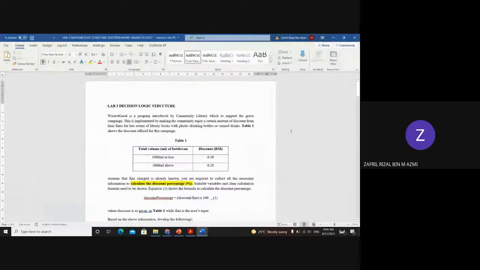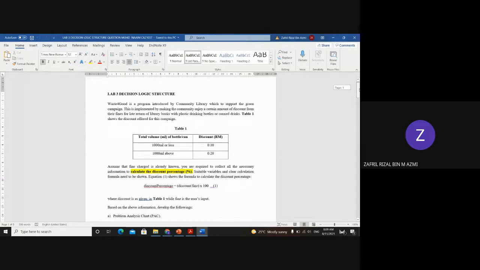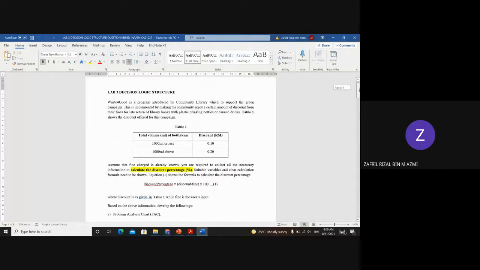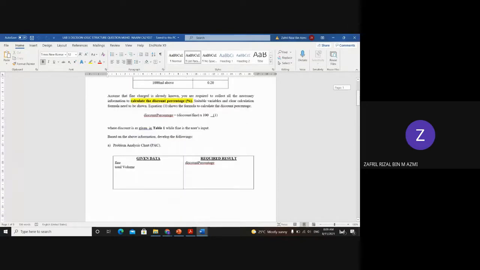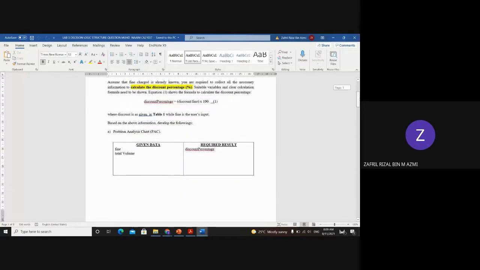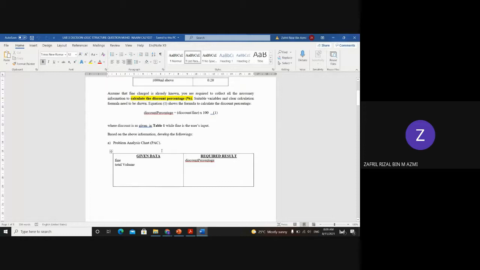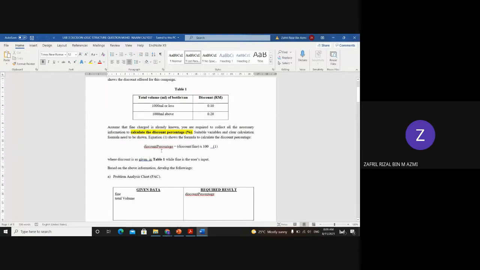This is just a simple exercise. Before the end of the class today, I will give you an exercise on a previous midterm test question, so you are going to see the real question. Given data, the PAC, clear. Supposedly the given data is the input. There are two ways to write down given data, as we discussed.